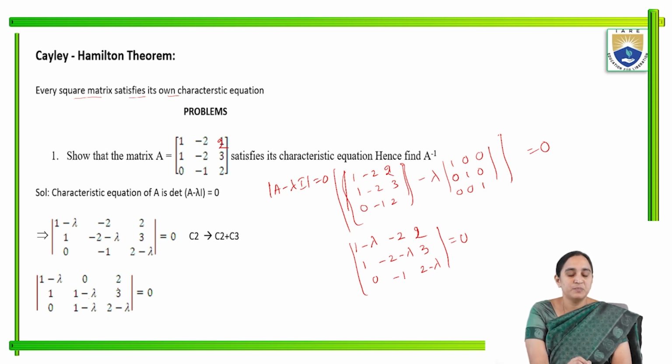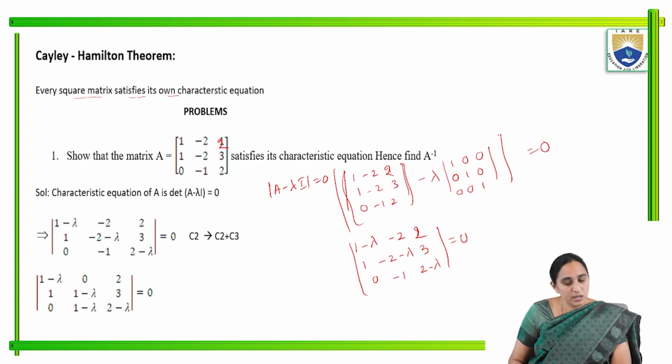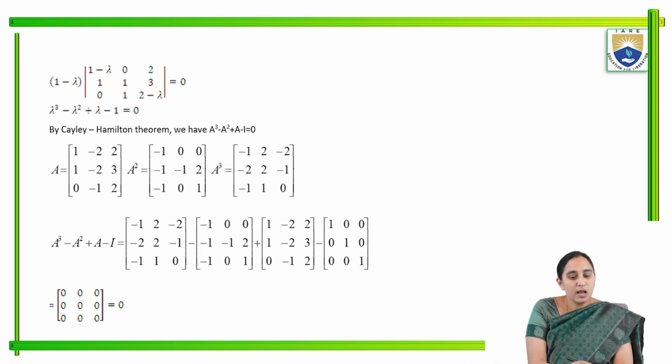Then I take 1 minus lambda common from the second column. After that we get the determinant of [1 minus lambda, 0, 2; 1, 1, 3; 0, 1, 2 minus lambda] equal to 0. After that, find the determinant directly.